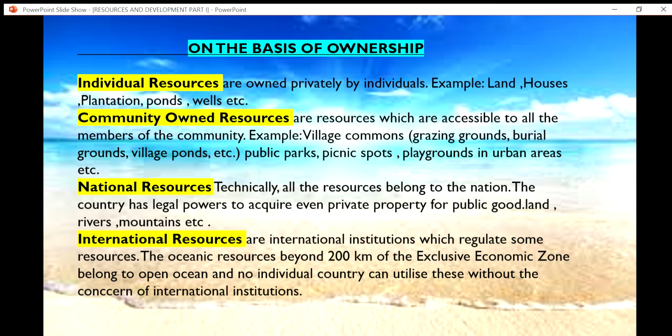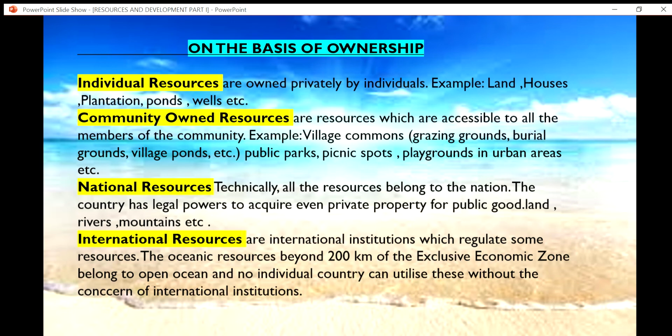It means it is owned by a private individual, like land, houses, plantations, ponds, etc. Community-owned means resources which are accessible to all the members of the community, like village commons, public parks, etc. National resources: technically, all the resources belong to the nation. The country has legal power to acquire even private property for public good.